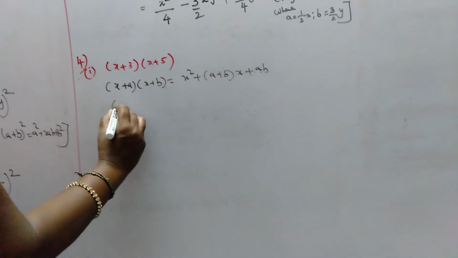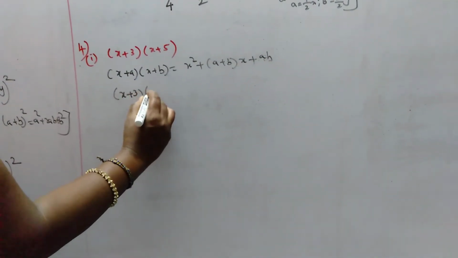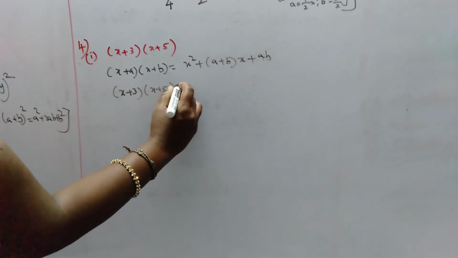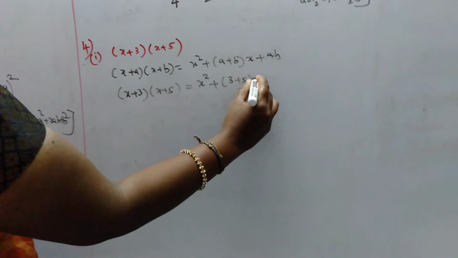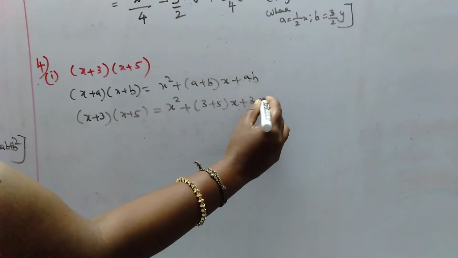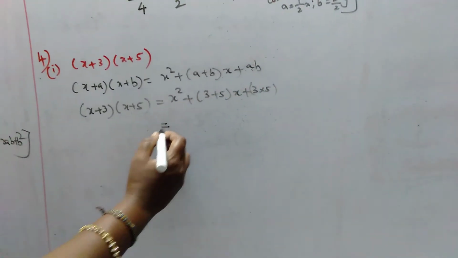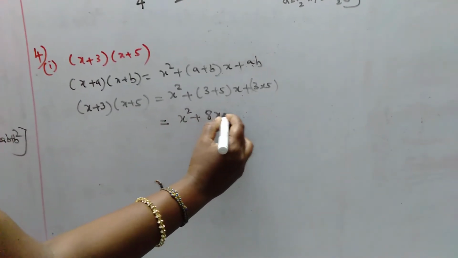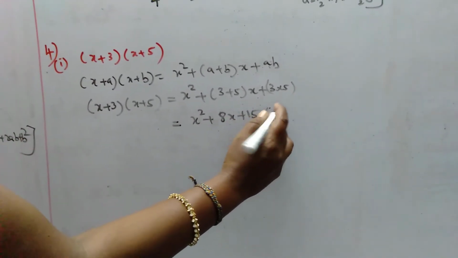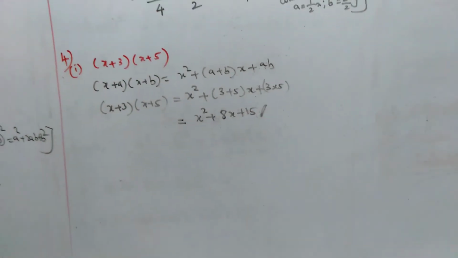Same like that, we use it here: (x + 3) into (x + 5) equals x square plus (3 + 5) into x plus 3 into 5, which is equal to x square plus 8x plus 15.